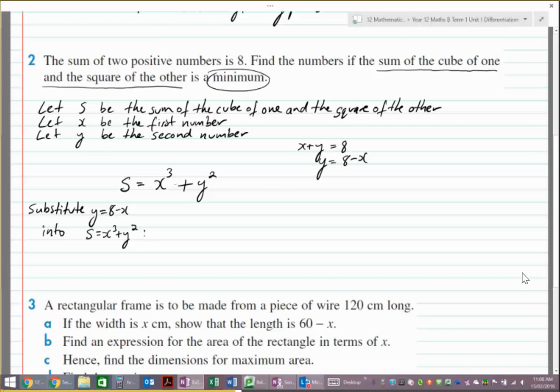Okay, so what I'll have is S equals x cubed plus, instead of writing y, I'm going to write 8 minus x. Then I need to have it in brackets because I need to show that I'm squaring everything in there. From here, I can make the function look a little bit more simple. Okay, I can do this expansion.